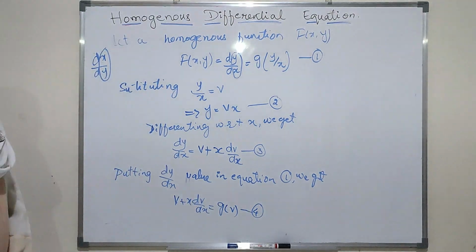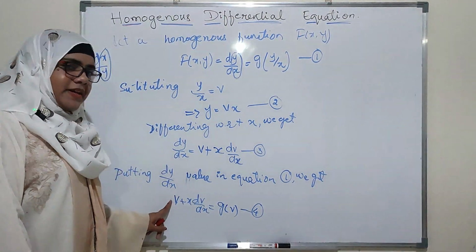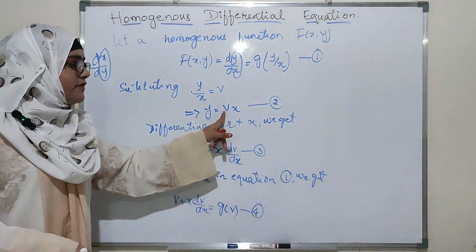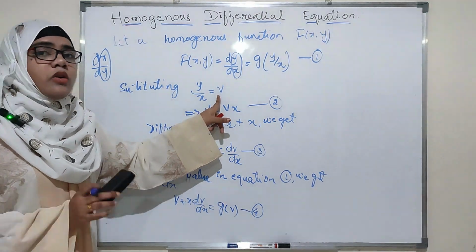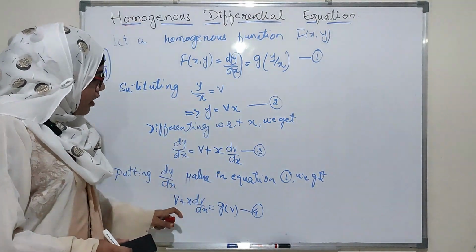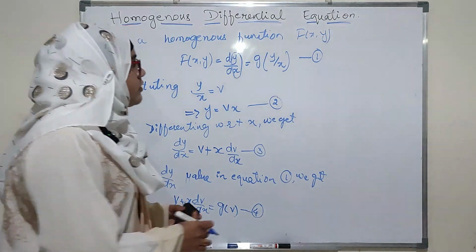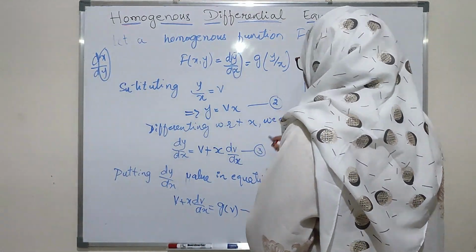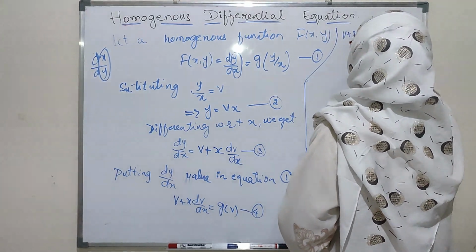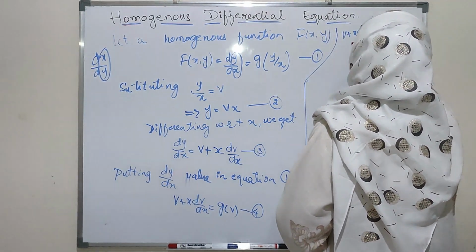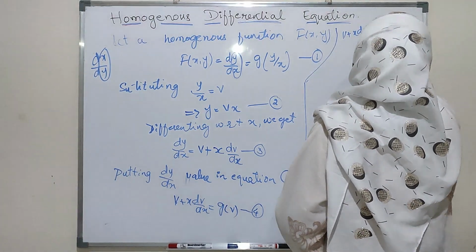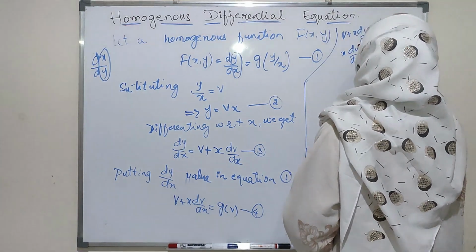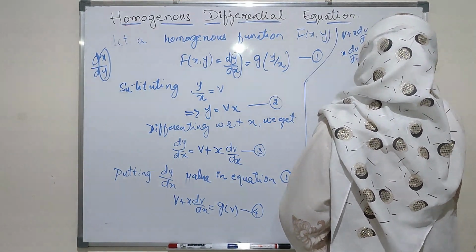Now what we have to do? Here we have two terms, x and v, and v is a variable term. We can differentiate it. It is not a constant term. So now we have to go for the variable separable method. We have to separate the v term and the x term. We have v plus x dv by dx is equal to g of v. So x dv by dx keep as it is, g of v minus v.